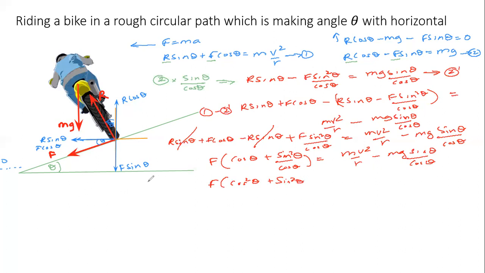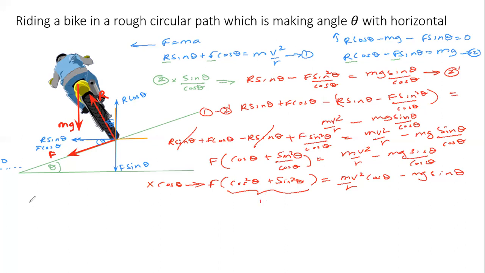On the right, we have mv squared over R cos theta minus mg sin theta. Now what is cos squared theta plus sin squared theta? It equals 1. Very good.